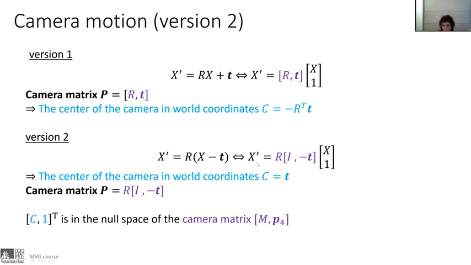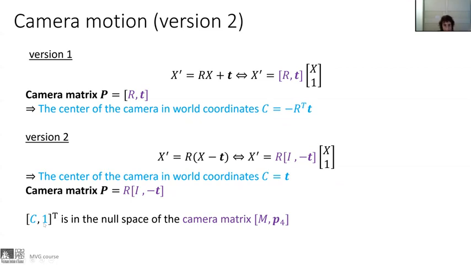In block formulation, I'll have X prime equal to R [I, minus T], and I call this the camera matrix, multiplied by X1. Here, the center of the camera in world coordinates is exactly T, and not what we had before.